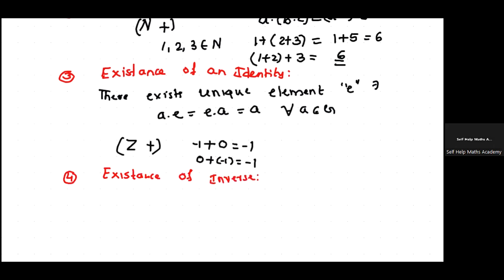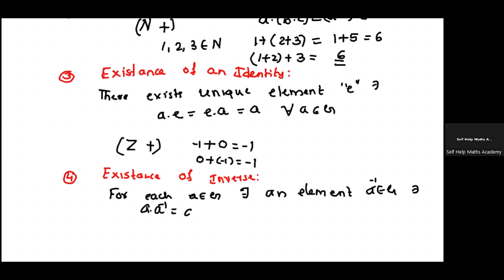Existence of inverse means for each A belonging to G, there exists an element A inverse belonging to G such that if you take A with A inverse, or A inverse with A, you will get the identity element.